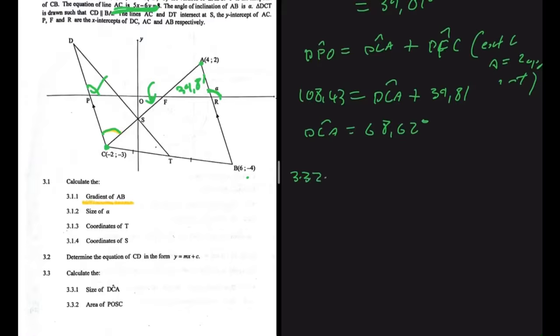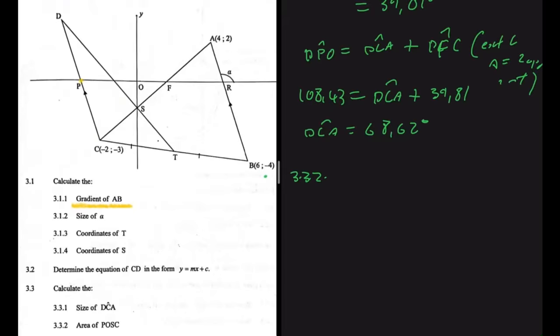3.3.2, area of POSC. So let's erase everything again and just look at POSC. Okay, I think I thought of a way. Because we have this angle here, right? We know the size of that angle.